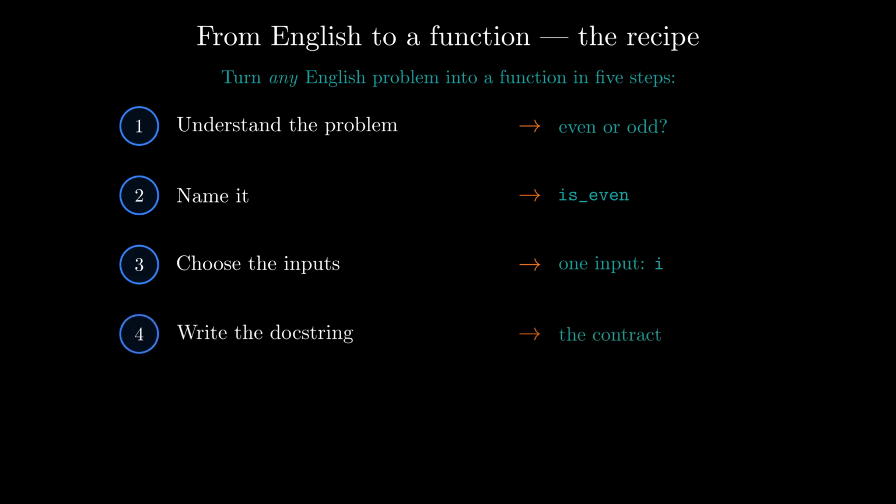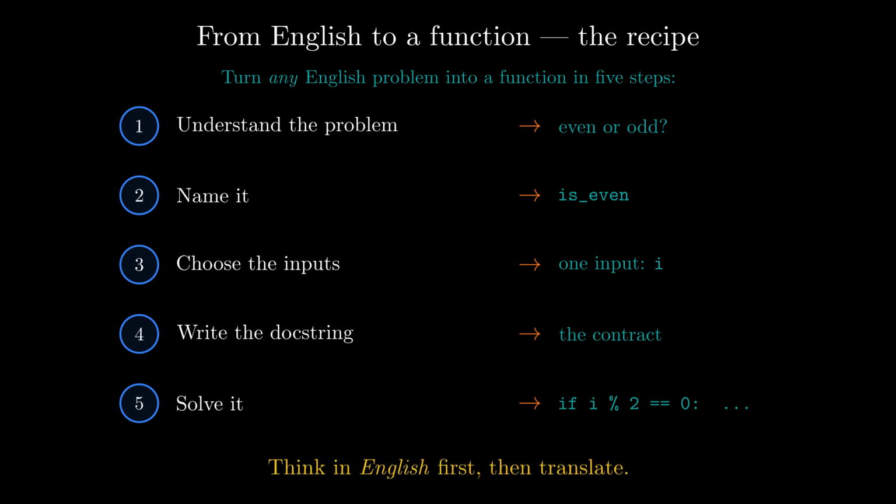Fourth, write the docstring, the contract, stating that the input is a positive integer and describing what comes back and when. Fifth, solve it. If the remainder when you divide i by 2 is 0, return true. Otherwise, return false. Follow those 5 steps in order, and the function very nearly writes itself. The hard thinking happens in plain English first, and only then does it become code.